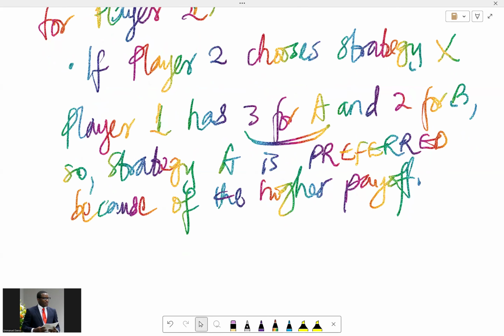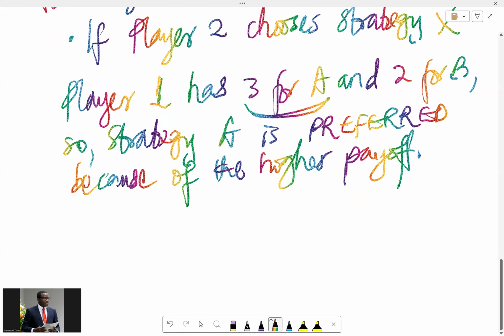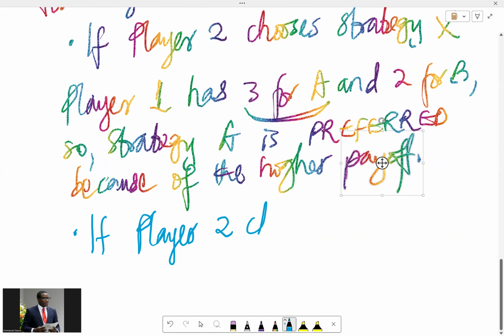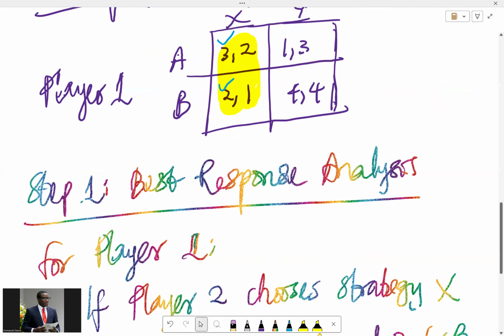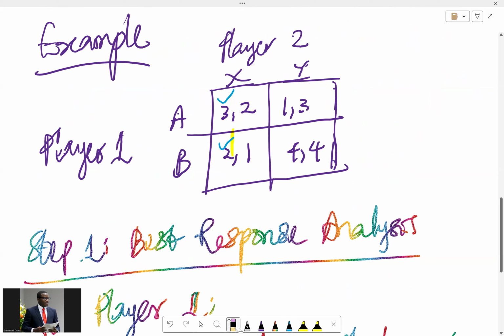Now, if player two chooses strategy Y, see what happens. If player two chooses strategy Y, now we are here. What are the payoffs for player one? The payoffs are one here or four here.